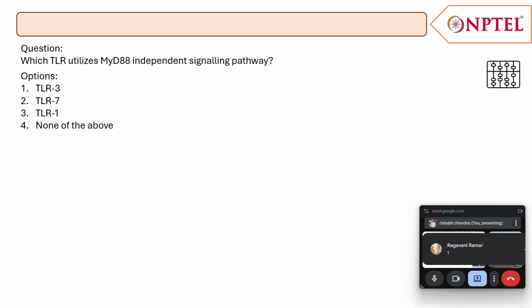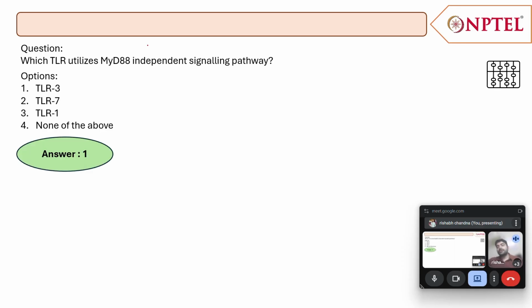So the correct answer is option 1, that is TLR3. So TLR3 functions with the MyD88 independent signaling pathway. Okay, the other two work with the MyD88 signaling pathway.